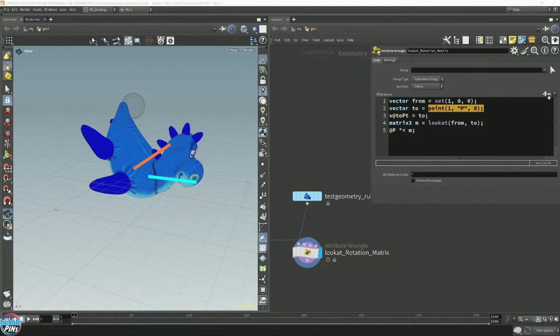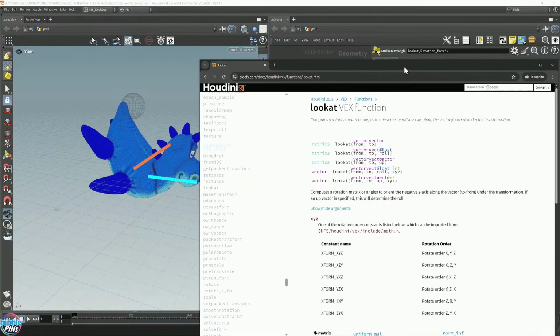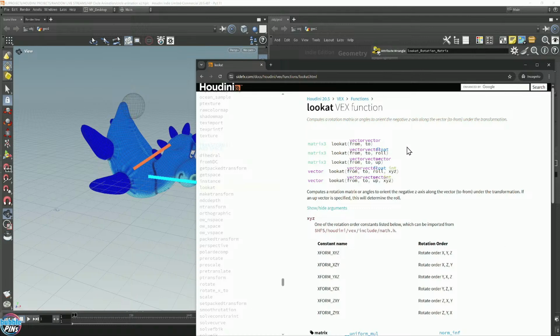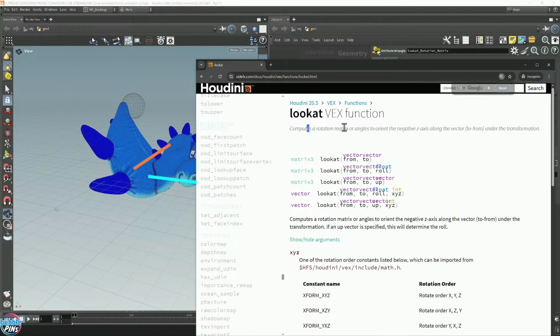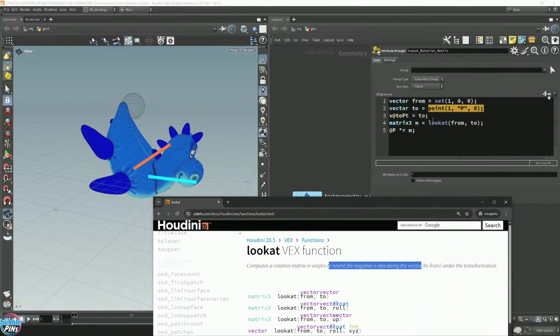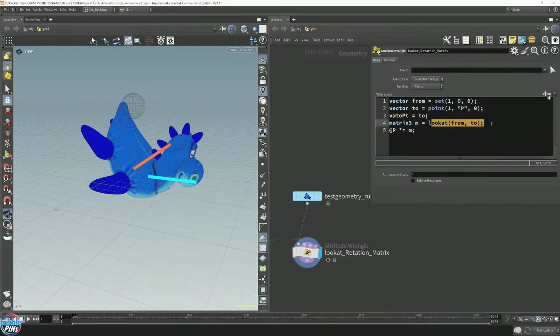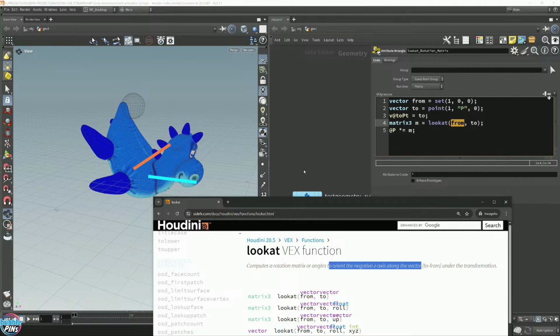Now I had opened this ahead of time, if I can find it. The look at function says here it orientates around the negative z-axis along the vector. My guess is behind the scenes how this look at function is implemented is that the from vector and the to vector is being compared to the negative z-axis.